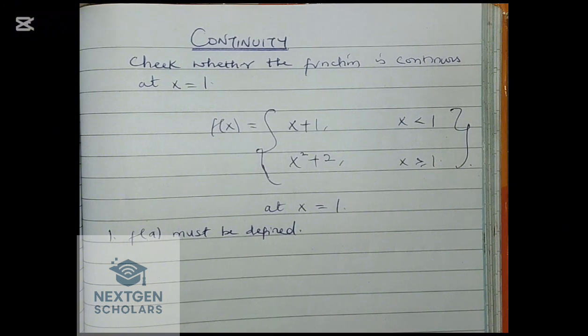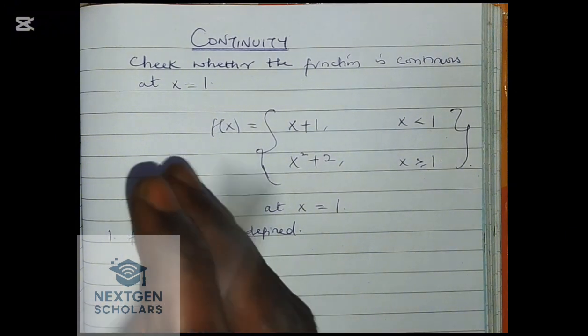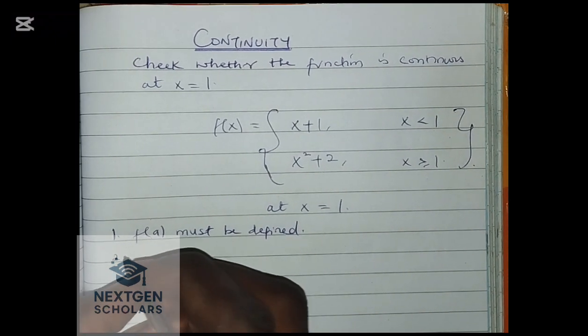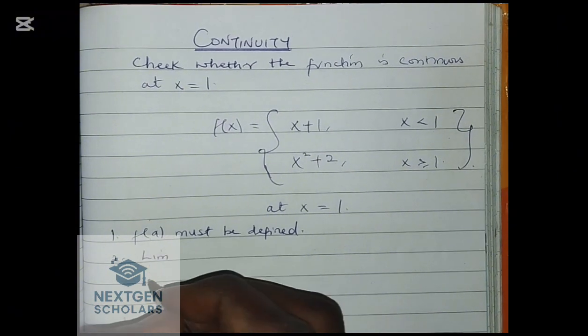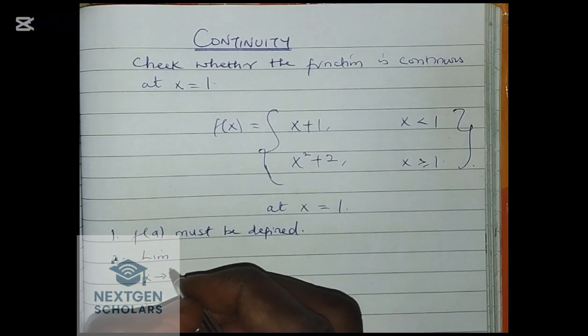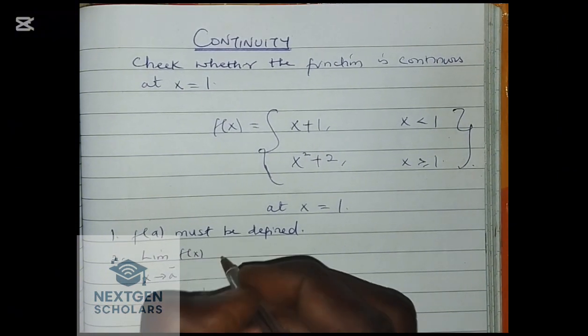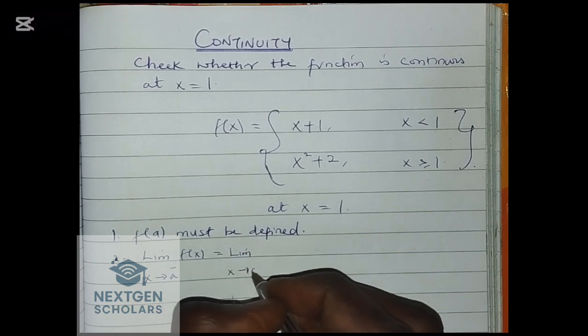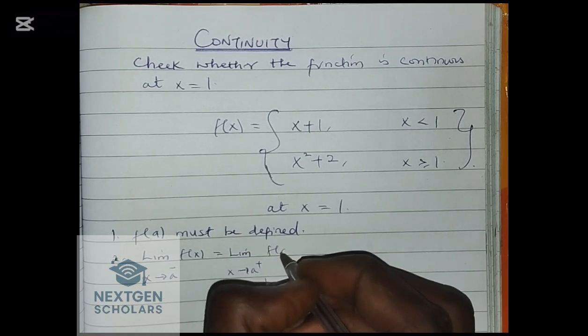The second one says that the limit as x approaches a from the left of this function must be equal to the limit as x approaches a from the right of this function.